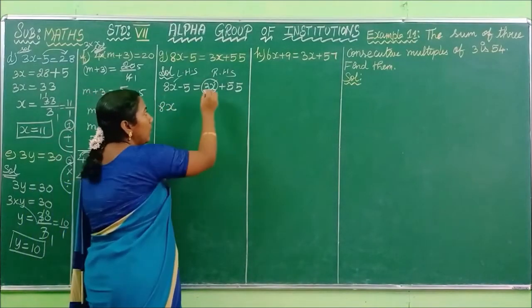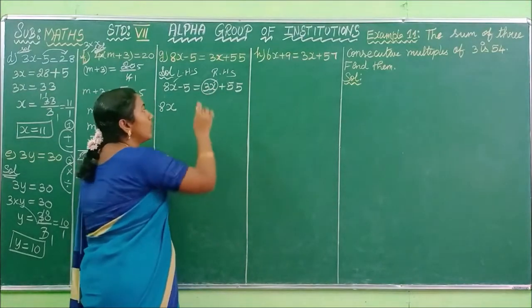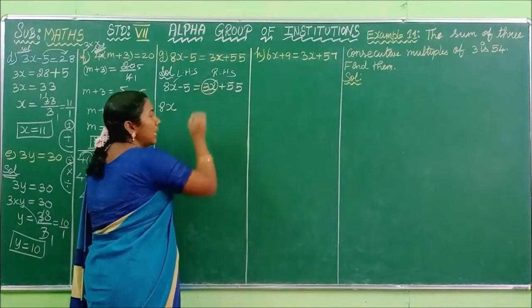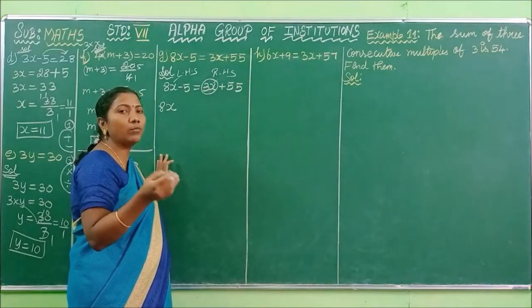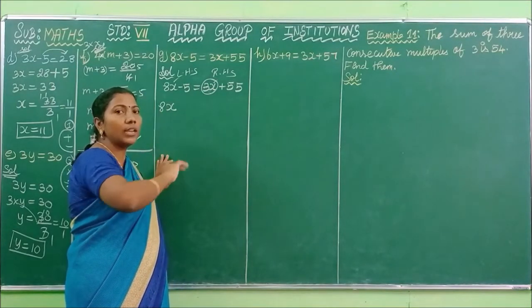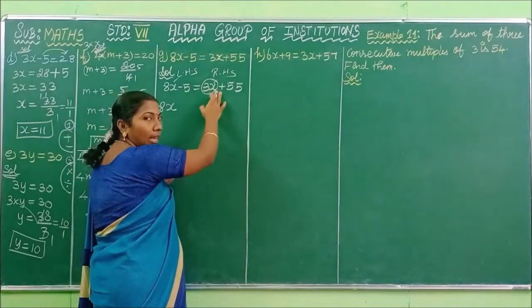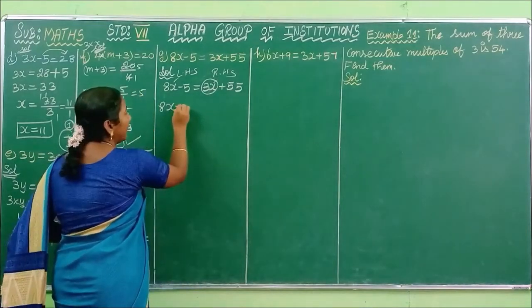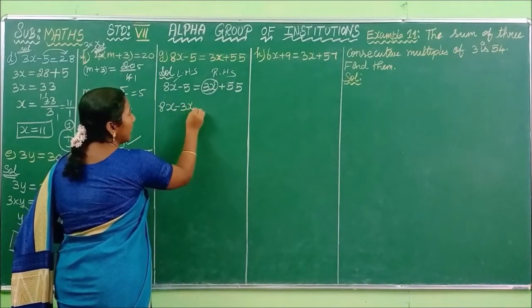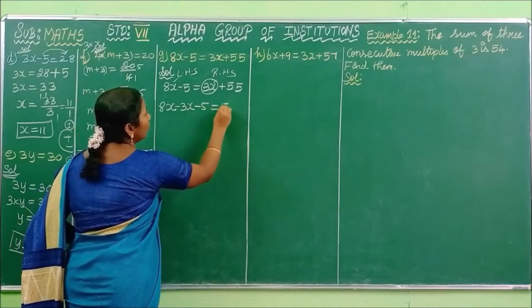Listen children, the symbol of 3x is plus. According to the transposing method, while you are bringing a term from one side to another side, its sign should be reversed. So plus 3x here, if it comes here it becomes minus 3x. So 8x minus 3x. Write the next term minus 5 equal to 55.